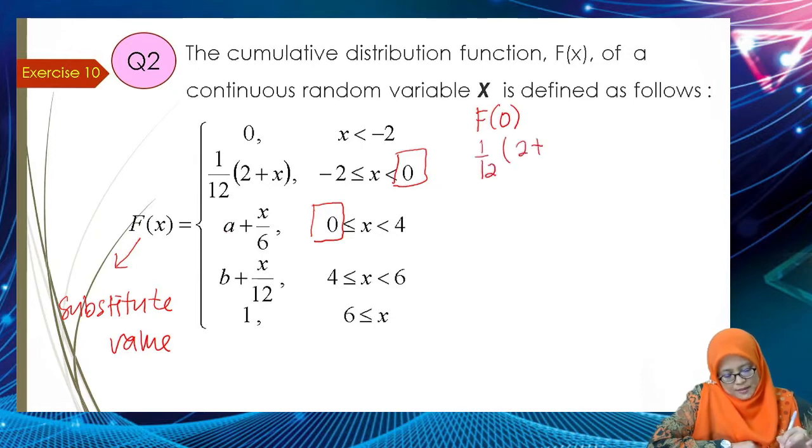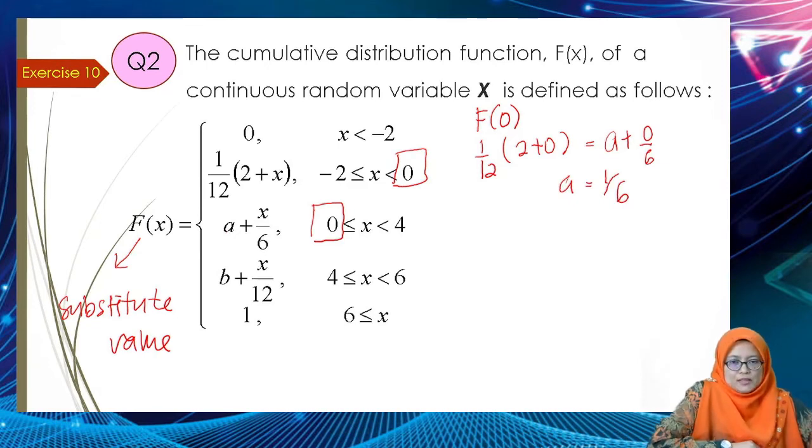So 2 plus 0. So kita equalkan nilai function yang ada equal yang third function ni. Maksudnya samakan dengan a plus 0 over 6. Okay, so dekat sini awak akan dapat a equal to 1 over 6.